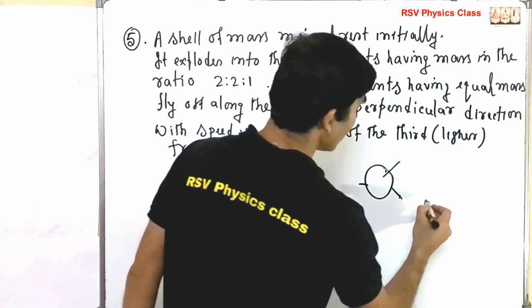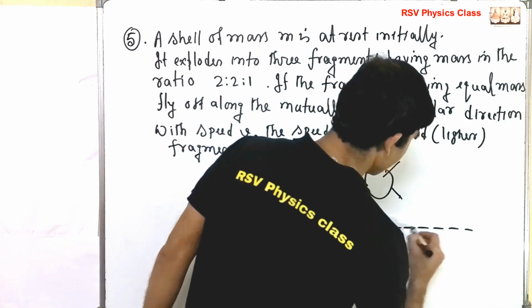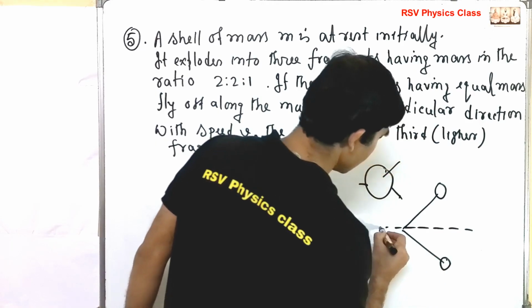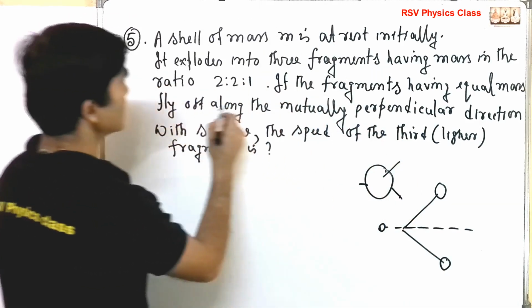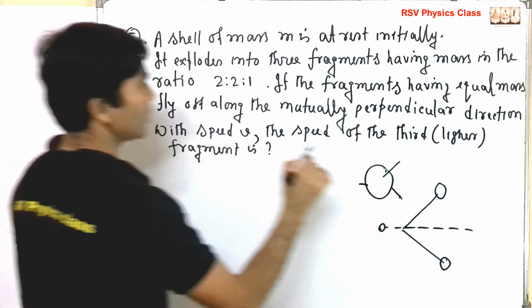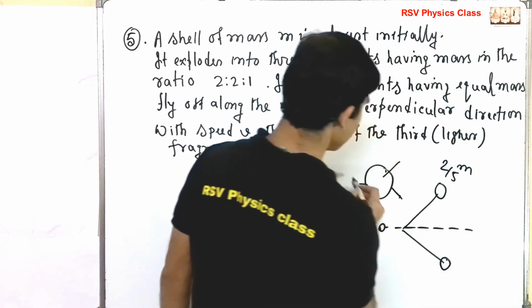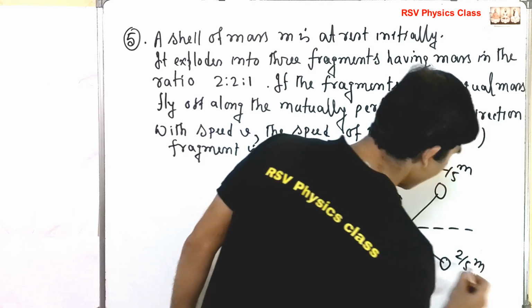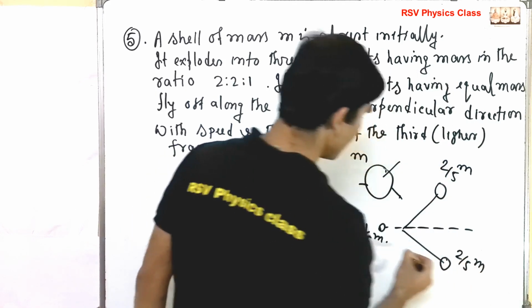So now equal masses explode in this direction, and another one, equal mass. So this is how much? 2 by 2 by 5. So I can calculate it is 2 by 5 m. Okay, if it is mass of m, this is also 2 by 5 m, and this is 1 over 5 m. So this is 2 is to 2 is to 1.